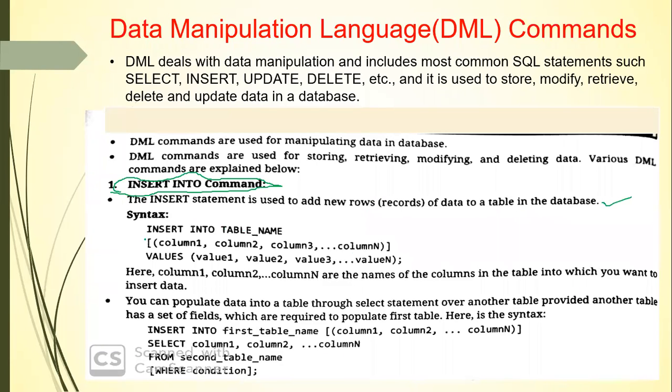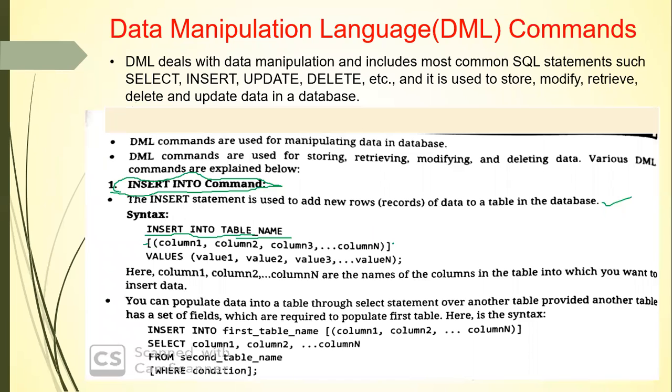The syntax is given there. That is insert into. Now this keyword is most important. Insert into, and then we need to specify the table name, that is, the table name of your database. Then we need to consider the names of the columns. These are given in the square brackets.